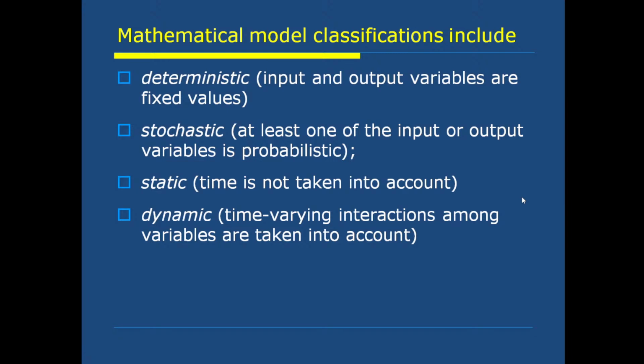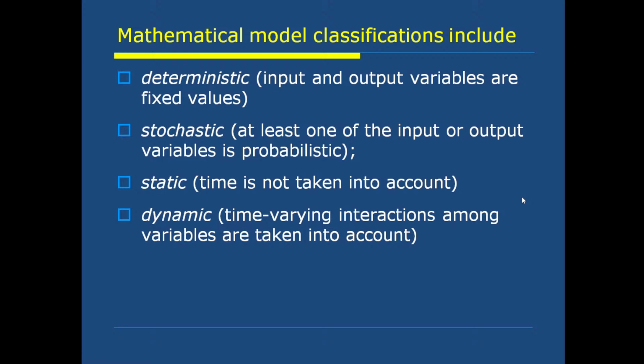We can divide mathematical models into the next classes. Deterministic mathematical models: in this type of model, the input and output variables are fixed values.